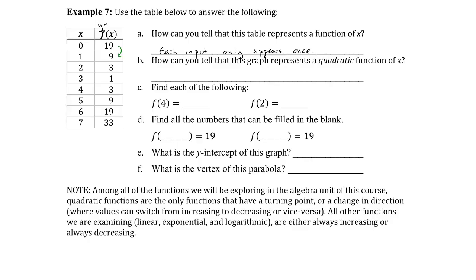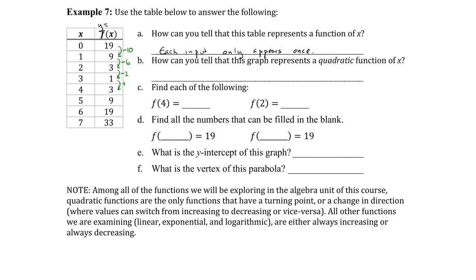First, we'll find the change going from one point to the next. 19 to 9, we subtract 10. 9 to 3, we subtract 6. 3 to 1, we subtract 2.